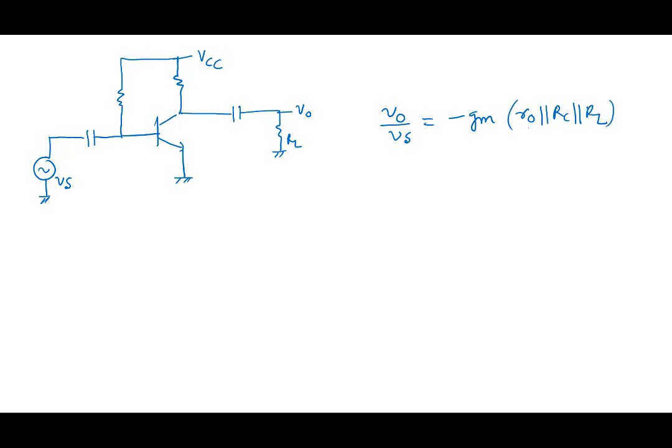And for a particular value of combination, we got a value which we can call the gain of the circuit, AV. We got AV is minus 38. Voltage gain of the circuit is minus 38.